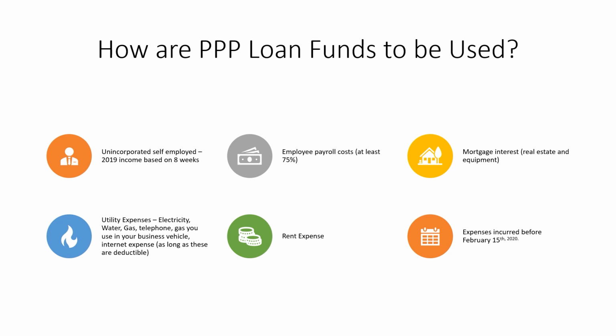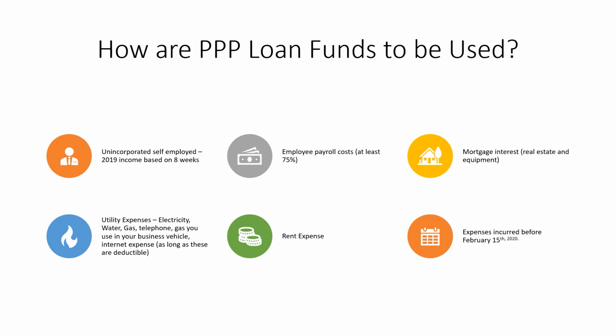At least 75% of the proceeds from the loan have to be used for employee payroll. They can add in mortgage interest on real estate and equipment. They can add in utilities, which includes electricity, water, gas, telephone, gas you use in your business vehicle, internet expense, and as long as these are deductible, you include those.